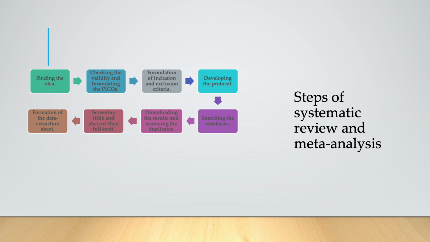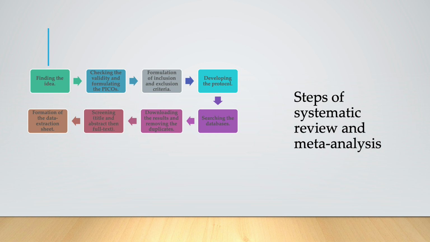The articles included may be 50 or 40, so 2 independent reviewers review the full text and decide if it is included or not. If there is a conflict between the 2 reviewers, then we need a third reviewer or investigator to resolve the conflict.